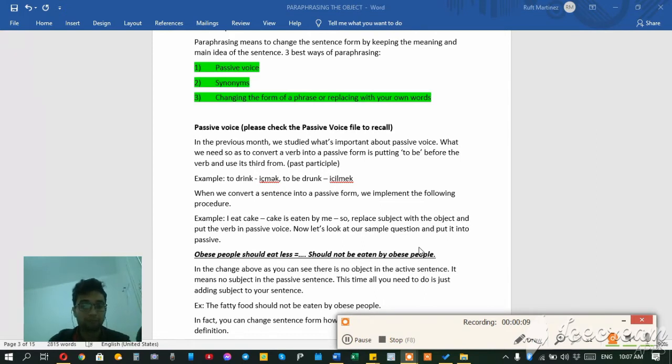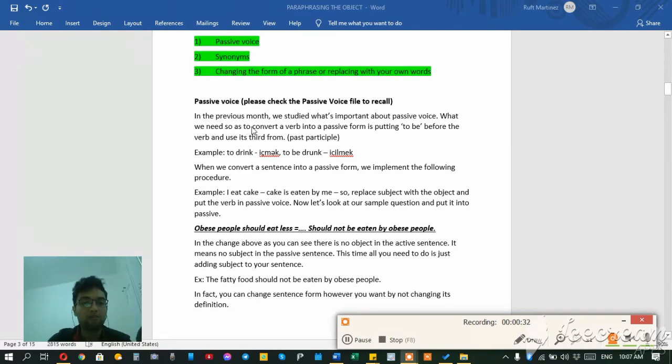If you forget something about passive voice, check that file, especially the passive voice of infinitive. There was a lesson called passive voice of infinitive. Check that file too. That will be hugely helpful for you to understand this passage.